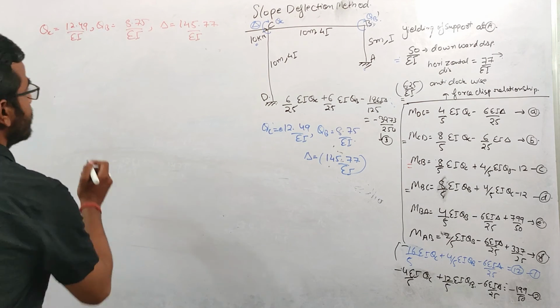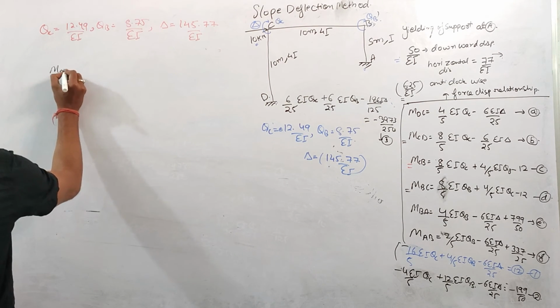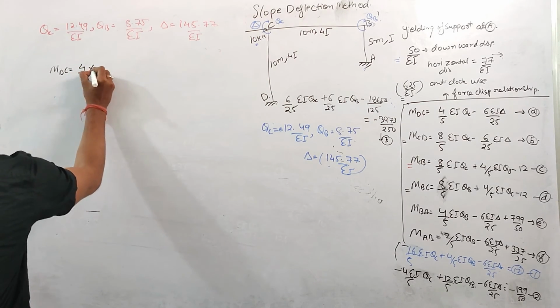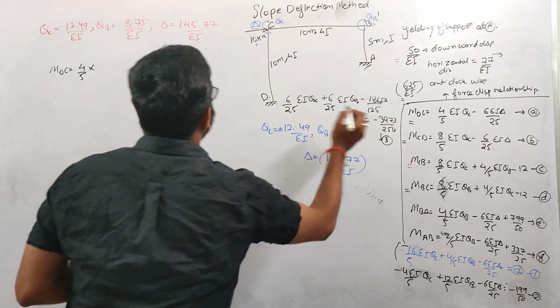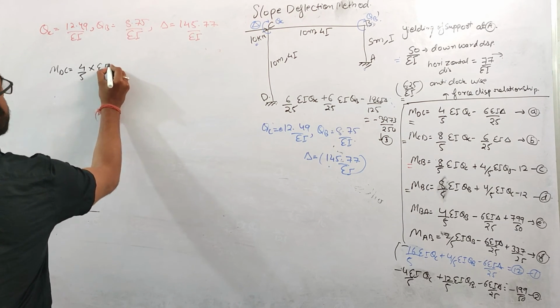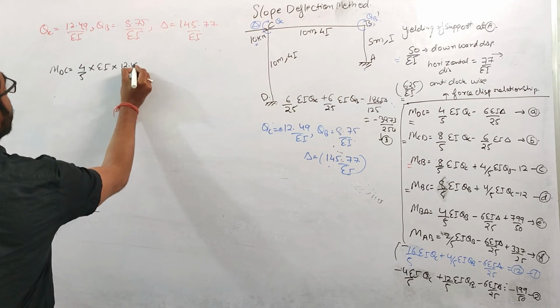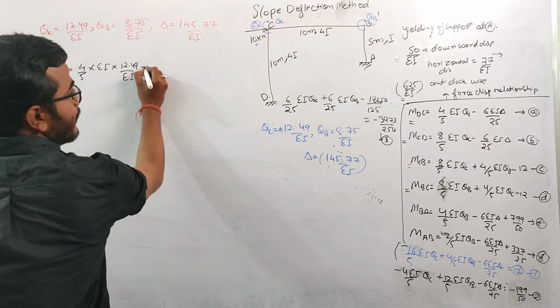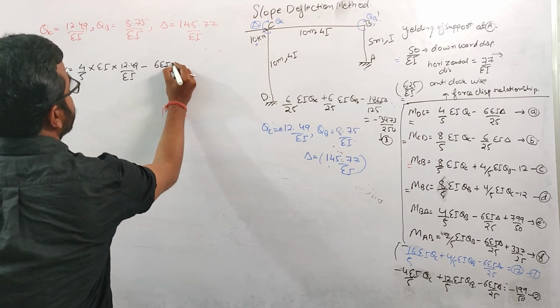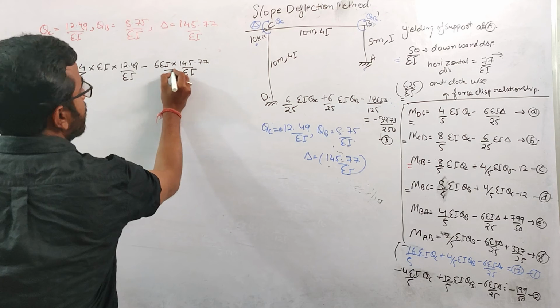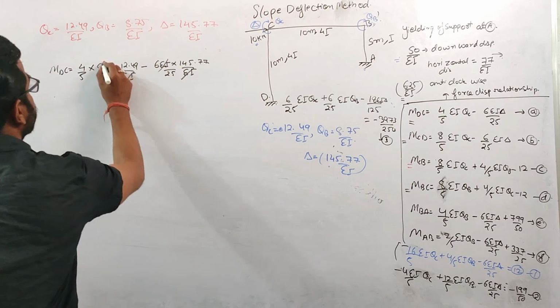Let us first come to MDC. MDC will be equals to 4 by 5 into EI into theta c, which is 12.49 over EI, minus 6 EI by 25 into delta, which is 145.77 over EI. So EI will cancel out each other.